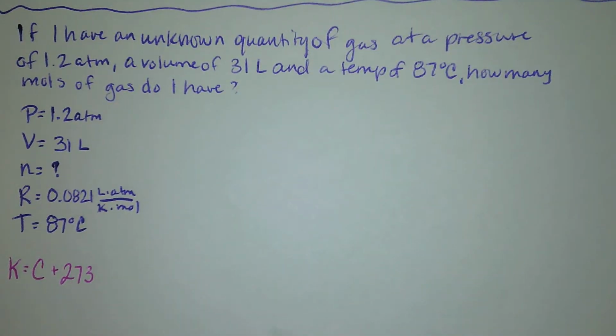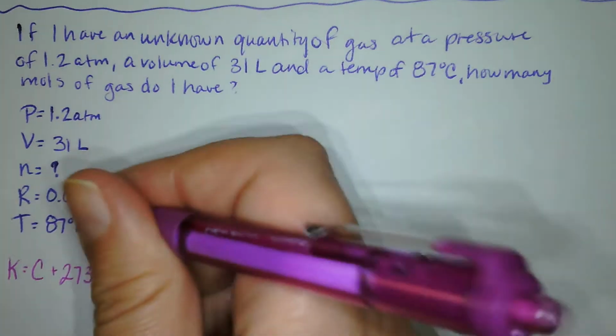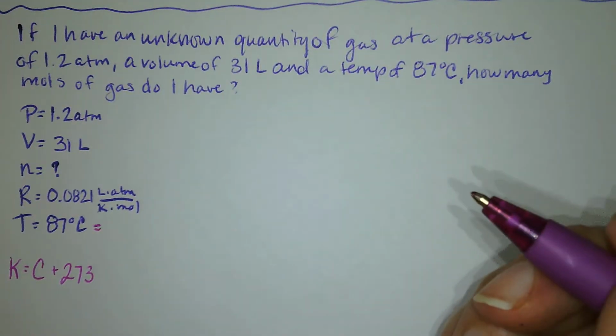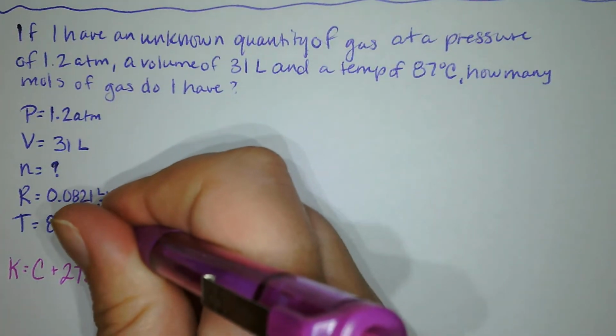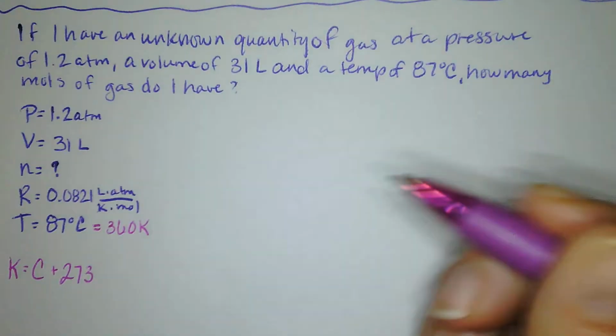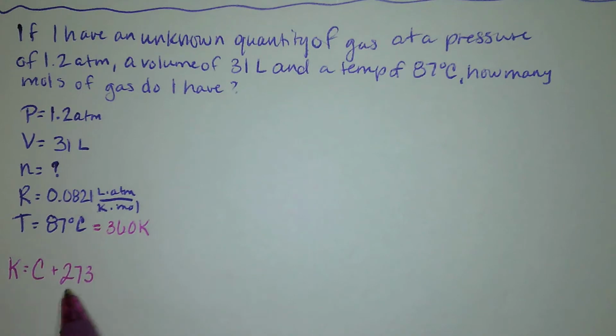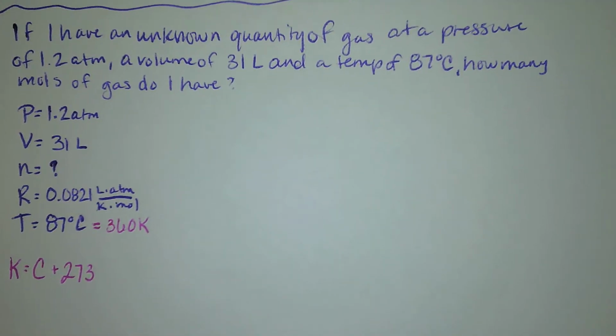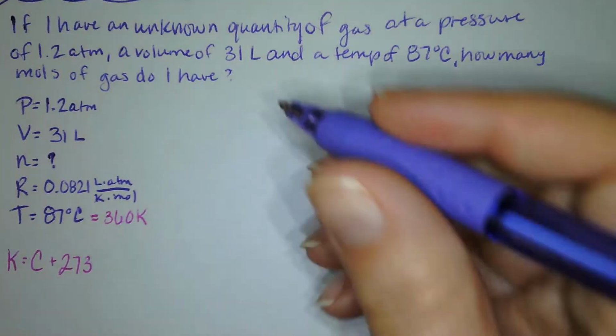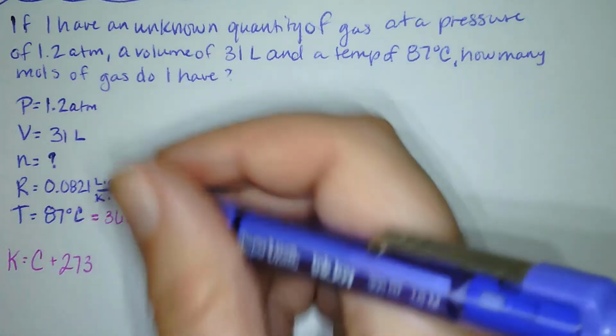So we convert 87 degrees Celsius, add the 273 to it, and temperature is actually going to be 360 Kelvin. We do have to do this in Kelvin, so you are going to have to do a quick conversion if needed. Sometimes you will, sometimes you won't. It just all depends.